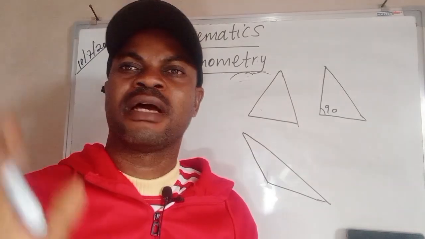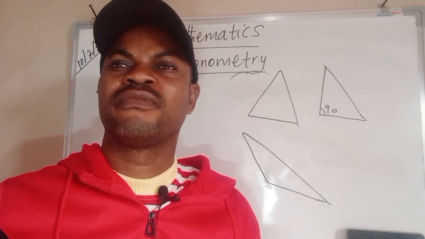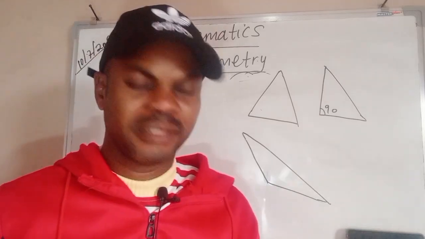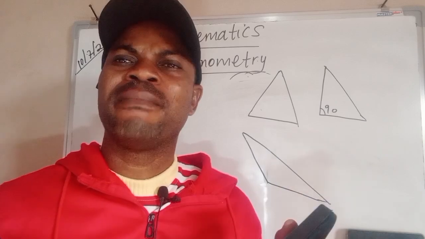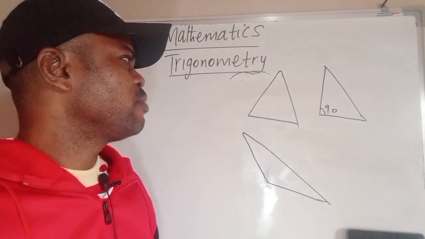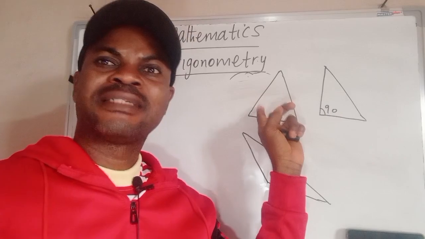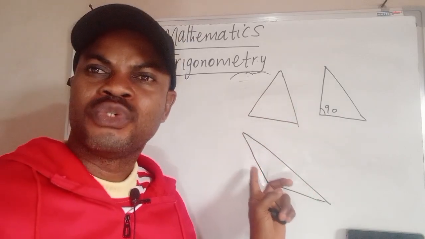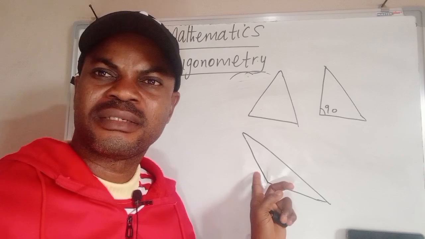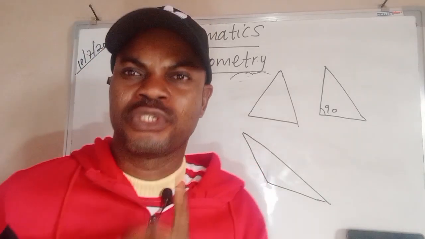The square of the hypotenuse is equal to the sum of the squares of the other two sides, and it can be resolved with that alone. But whereby it happens to be an acute triangle, as in this case, or an obtuse triangle, as in this case, you can never use Pythagoras theorem.